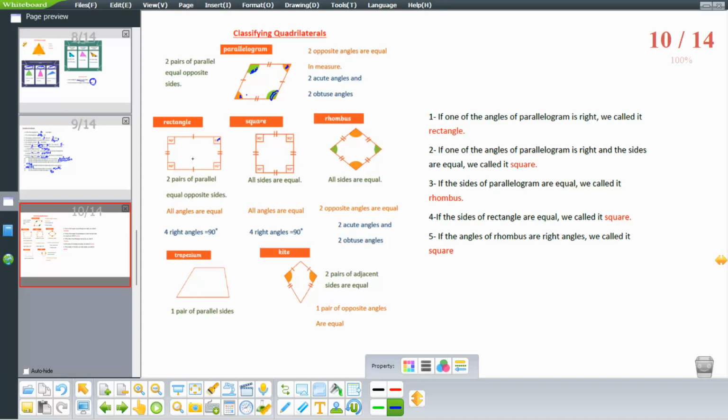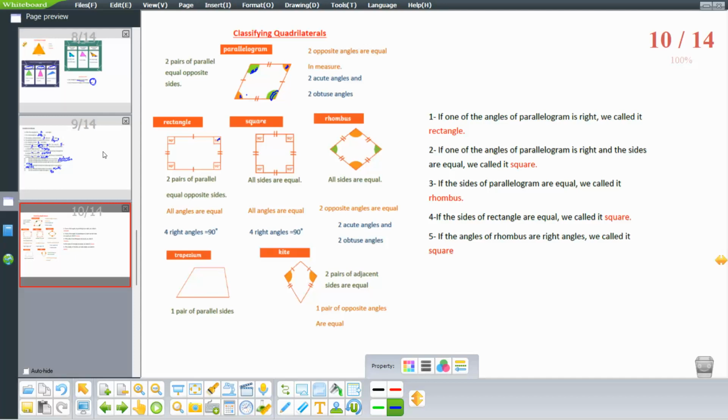Because it has also two pairs of parallel equal opposite sides, and all angles are right angles. It has four right angles, each one equal to 90 degrees. So if the parallelogram has one right angle, it will be, yes, rectangle.